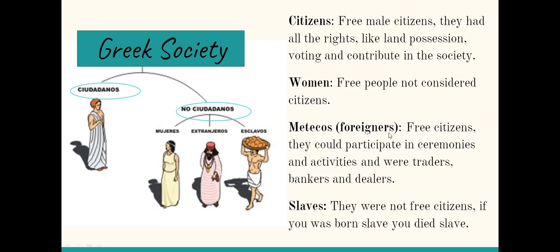Metecos, or foreigners, were free citizens. They could participate in some activities like ceremonies and activities where traders could participate, bankers and dealers. So they could participate in activities that include money. And the slaves. The slaves were not free citizens. If you were born a slave, you died a slave. So they had no rights.